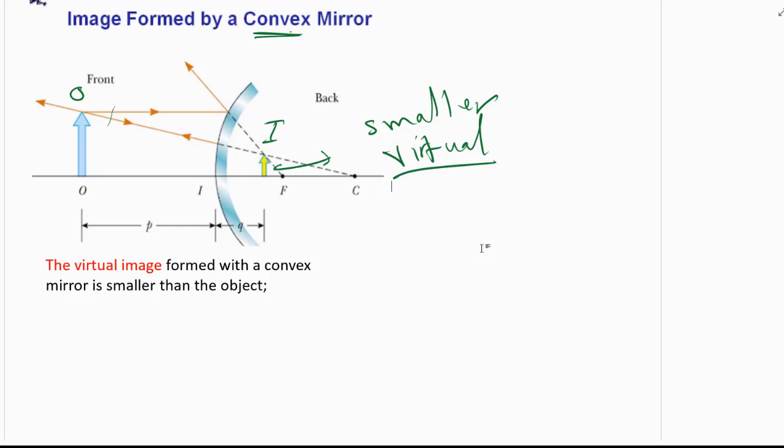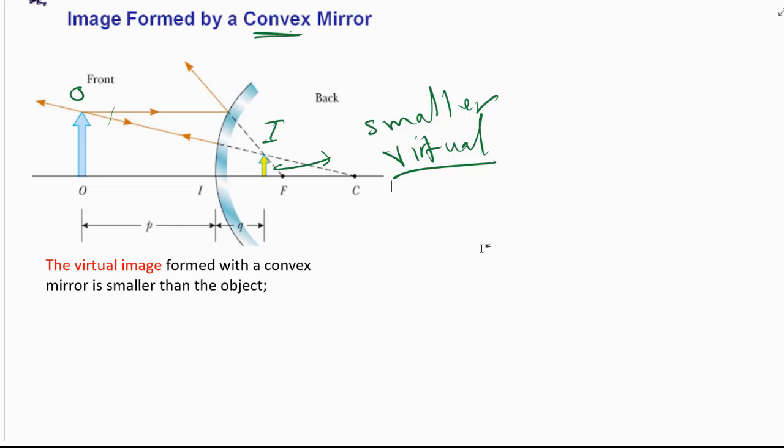This is totally different from a flat mirror, because in a flat mirror your image is the same at any distance. It still has the same size and the same distance between object and image, so it has the same dimensions, but the situation here is different.